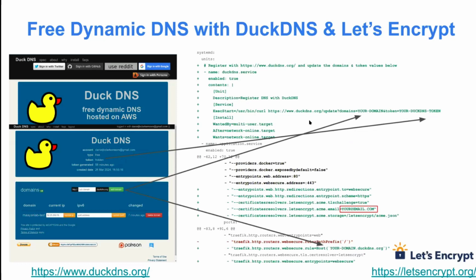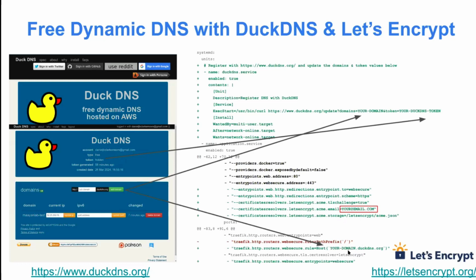But then for HTTPS, you need to prove that you own your domain. And to do that, you can use something called Let's Encrypt. And also in that configuration, it shows you how to do that. The main thing you need to do is put in your email to this argument of the gist.